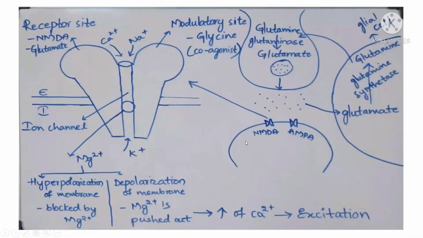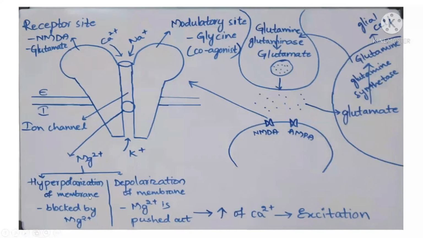Whereas in AMPA it is free. Nothing is blocking. But in NMDA, this magnesium is blocking the ion channel. So whenever there is a high stimulus, only then is the magnesium pushed out and there is an entry of ions.